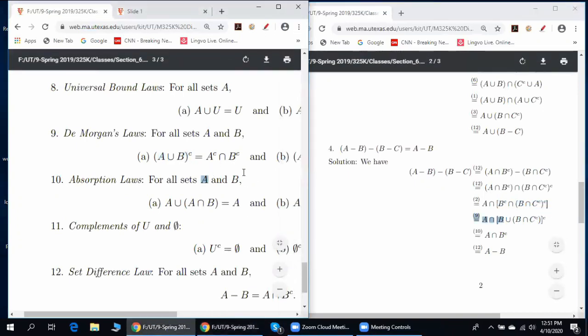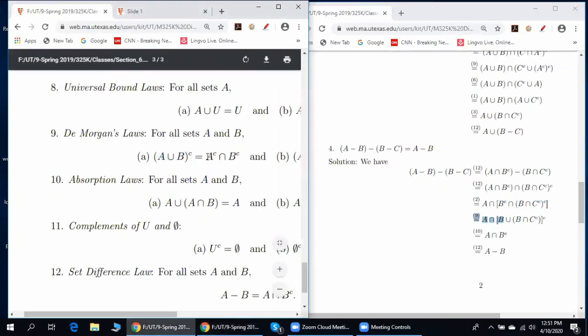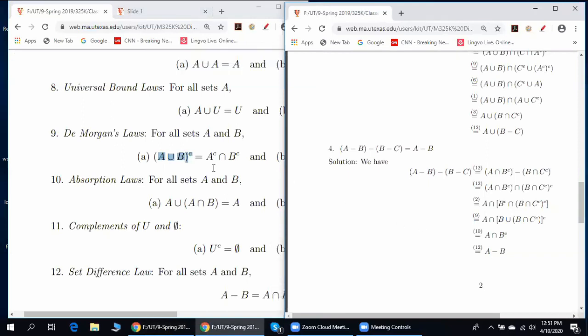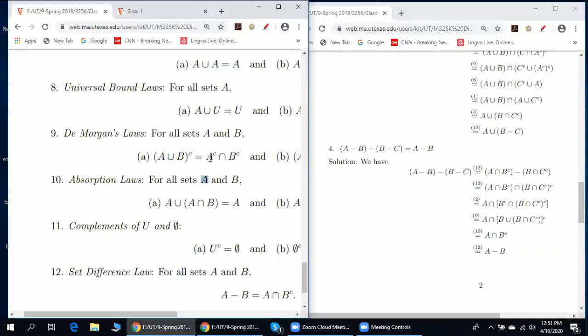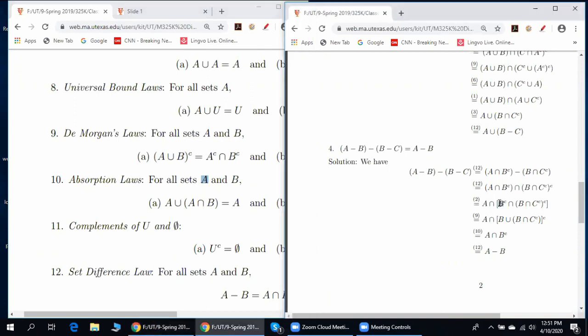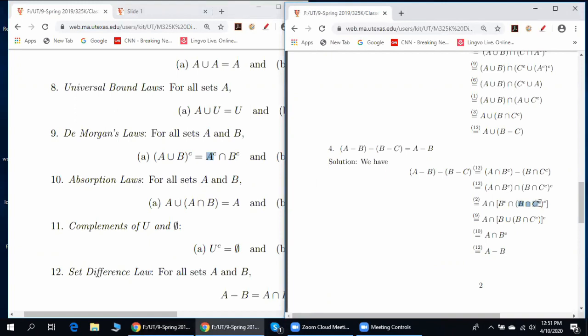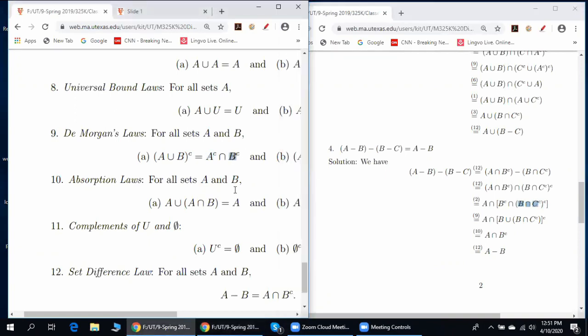We just use 9A, reading from the right to the left. So you took both C's out, put it on the outside. We think about this as about A, and we think about this as about B. Okay. Does this make sense? Oh, okay.